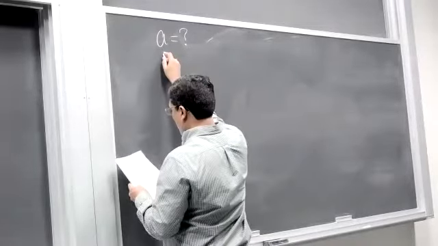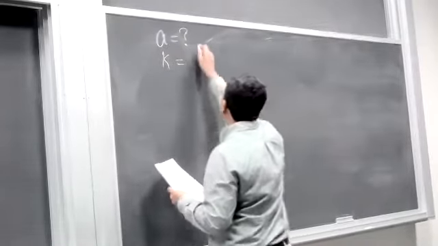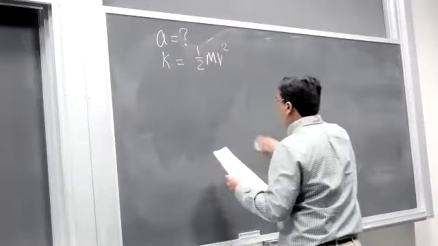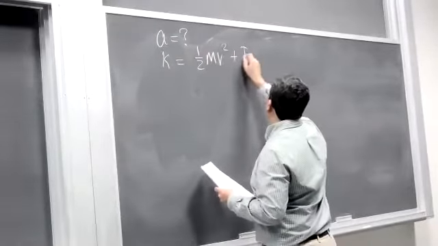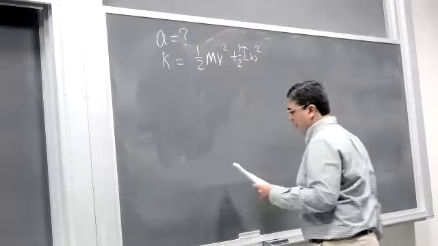So we have the total kinetic energy, which is half mv squared plus half I omega squared.